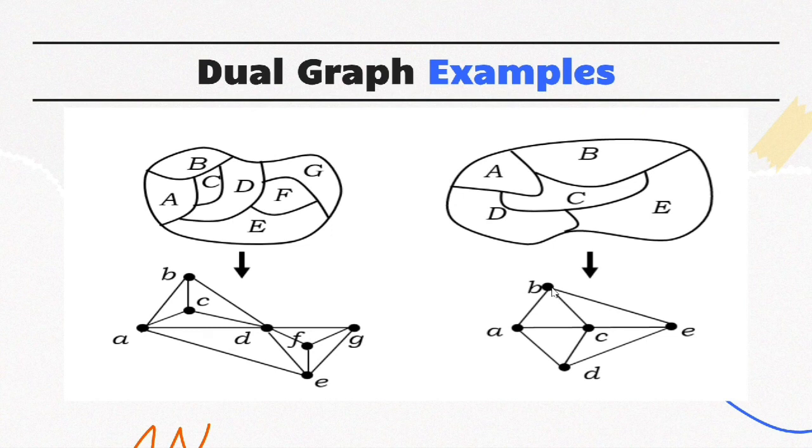This connects to B, this connects to A, and this connects to C, as well as C, A, and D. Regions C, A, and D are connected by edges. The regions that share boundaries with region E are regions B, C, D. So vertex E connects with vertices B, C, and D. Okay? I hope you get it, class.